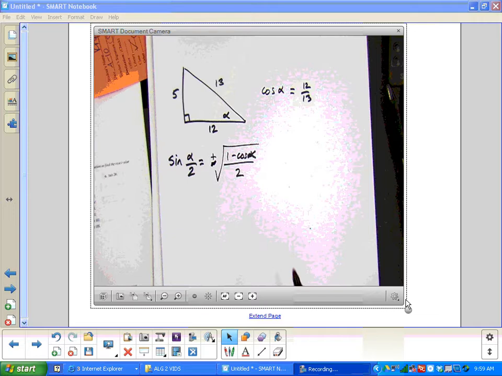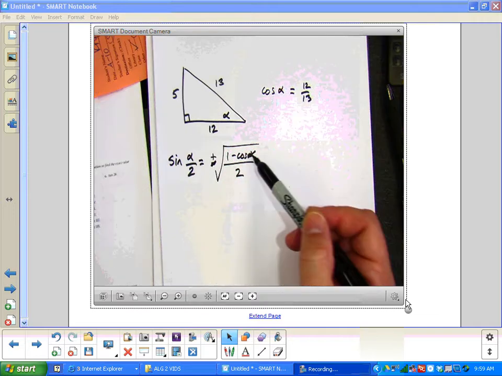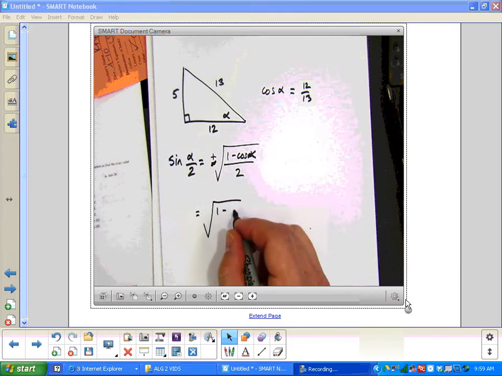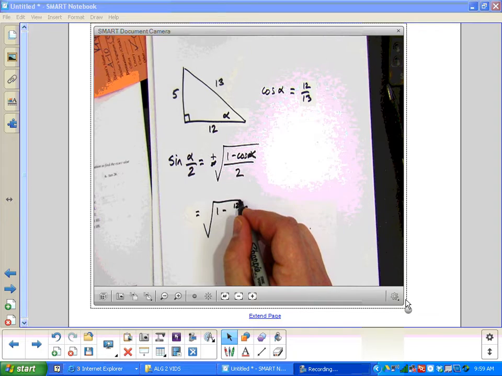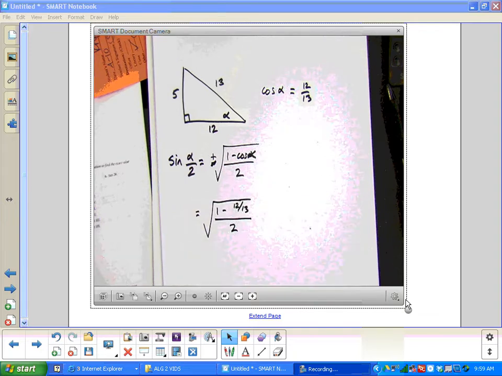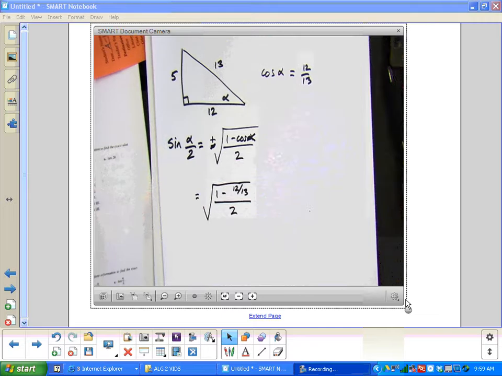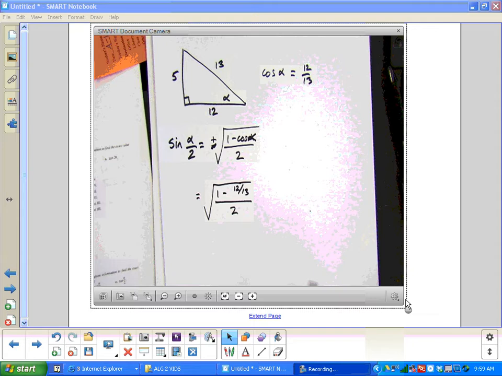Now, all I have to do is plug in the cosine of alpha, that 12 over 13. So we get the square root of 1 minus 12 over 13, over 2. Now, how can we clean it up? Multiply by 13.